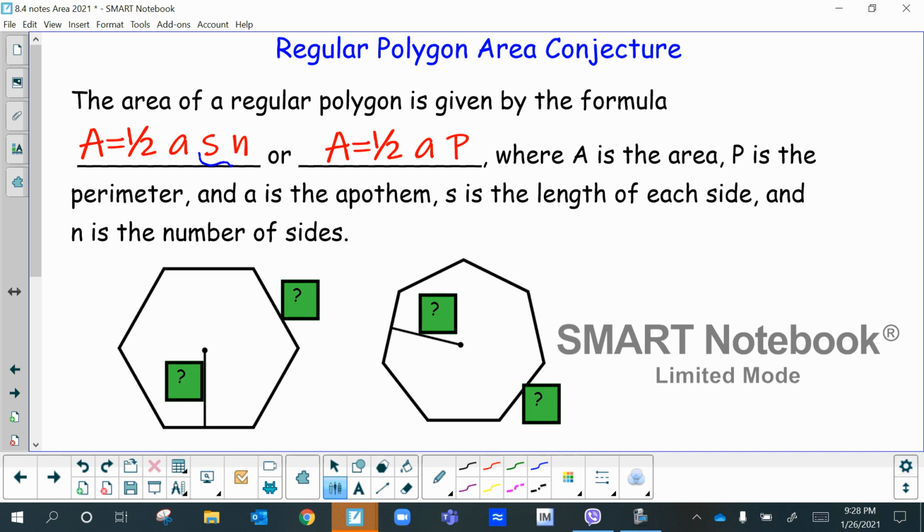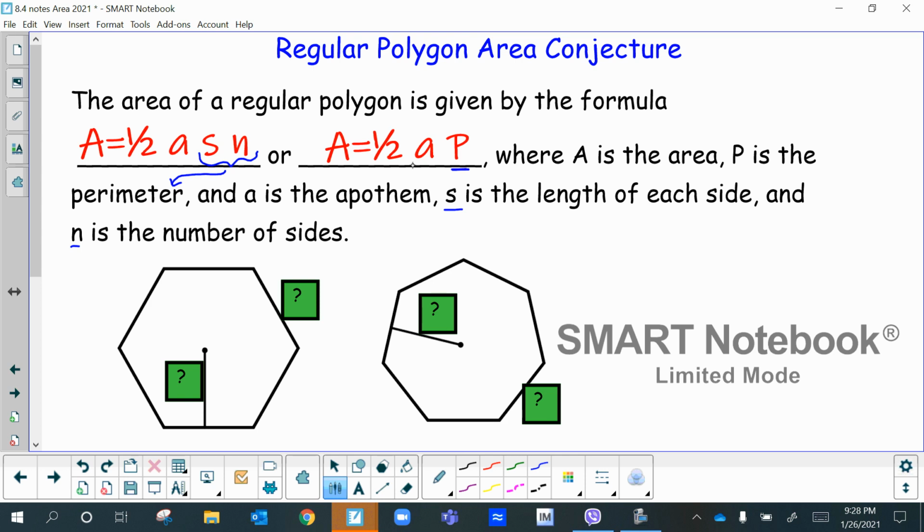If you focus on just that part, s times n, s is represented by the length of each side, and n is the number of sides. So whenever you take the length of one side and multiply it by the number of sides, that's going to get you perimeter.